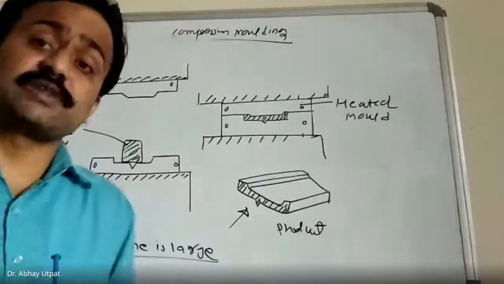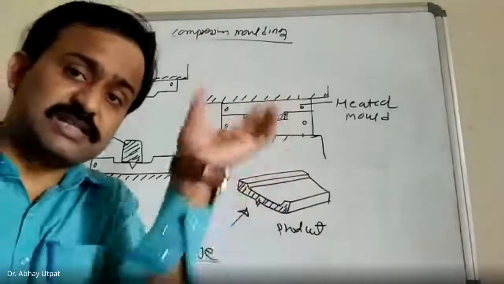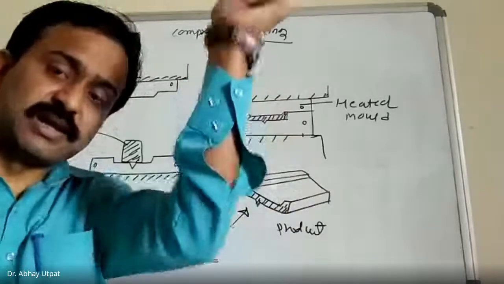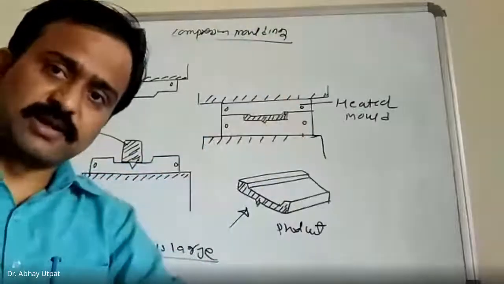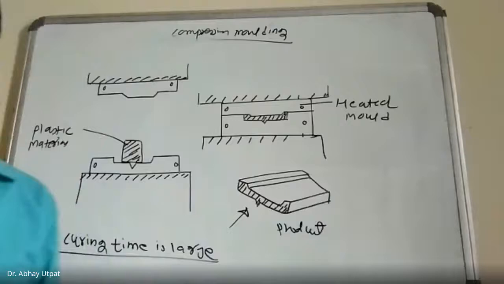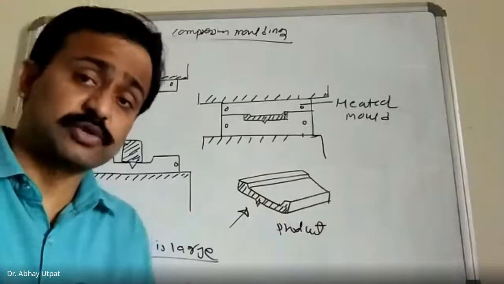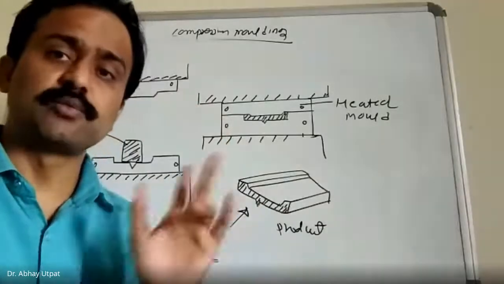It is advanced compression molding, where the material is first plasticized in a separate chamber and then it is transferred through the sprue into the actual chamber and then it will be pressed. So transfer molding is the advanced compression molding principle. It works on the principle of compression molding only.